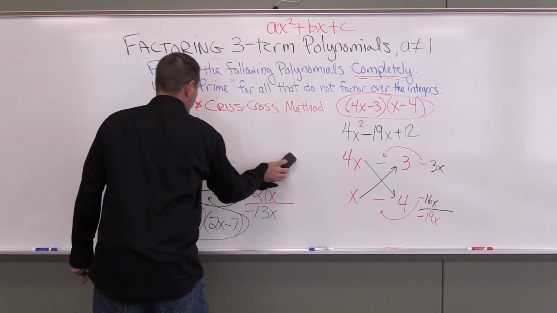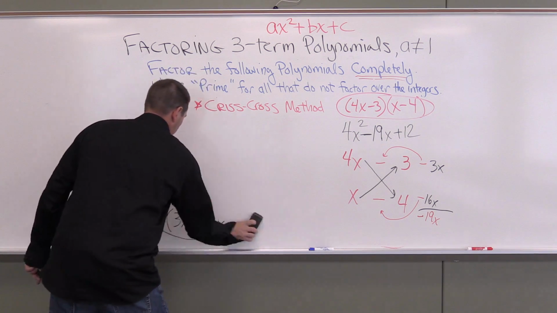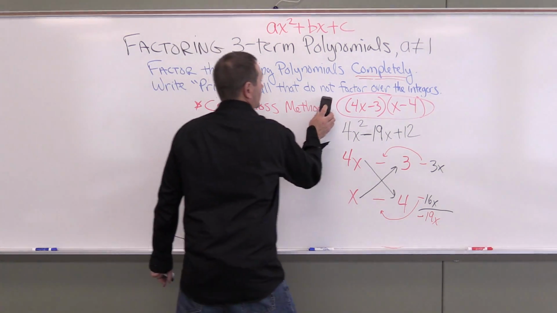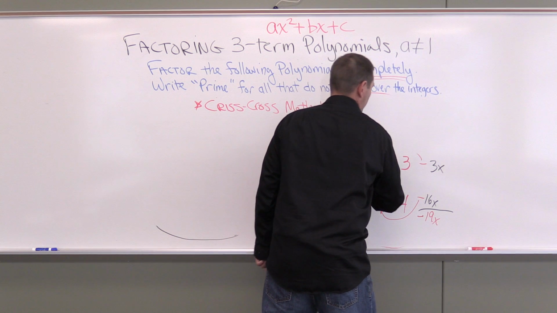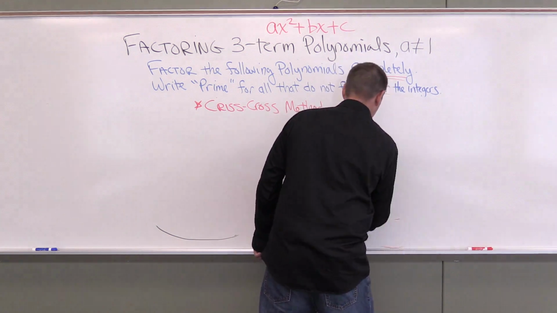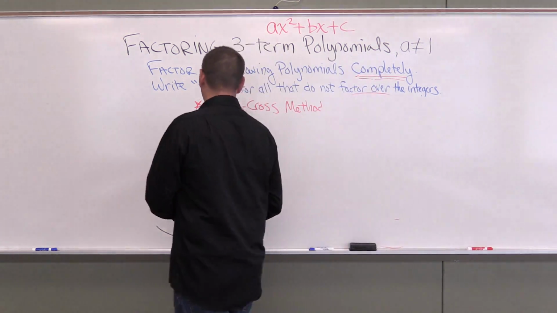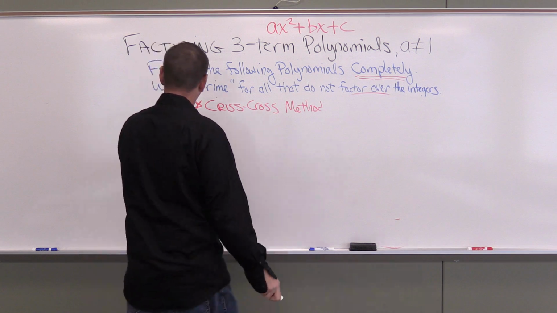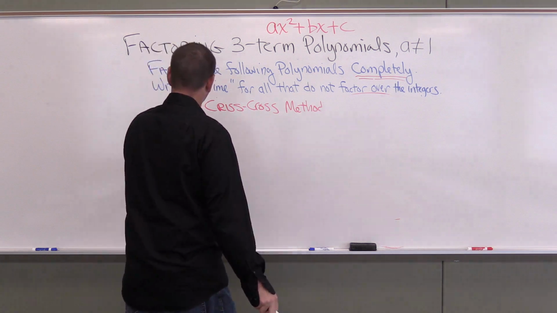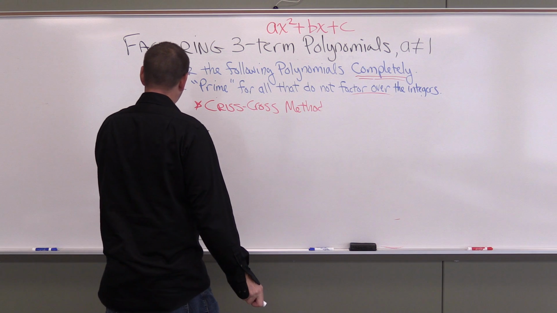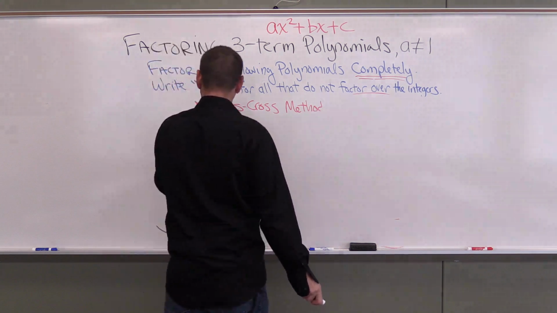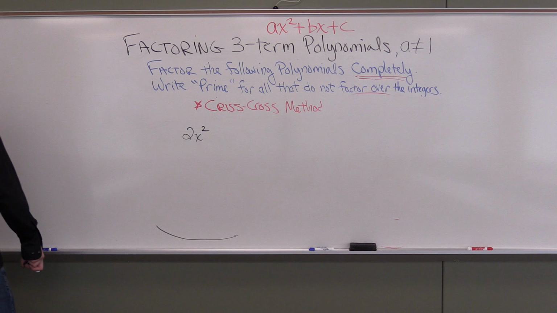So let's do one where it's all pluses. Let's see here. So let's just do one that's like 2x squared. Let's see, let's think of an example real quick.